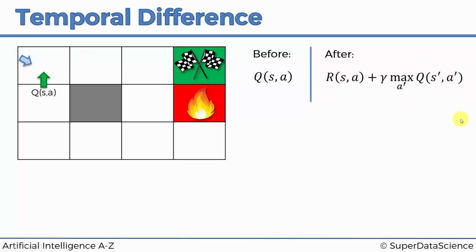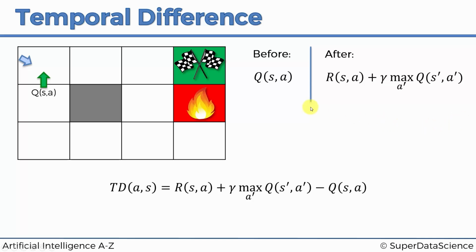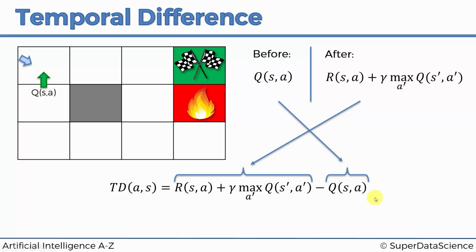And now the temporal difference is defined as TD(A, S) of the difference between these two. So here, the first element is your after value, the Q(S, A) calculated afterwards, and the previous Q(S, A), which you had stored in your memory.